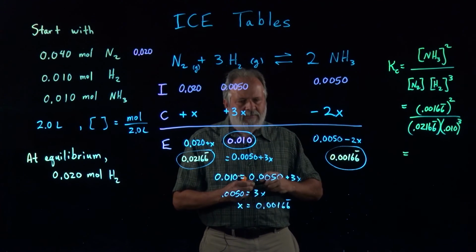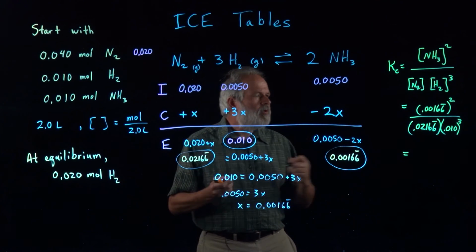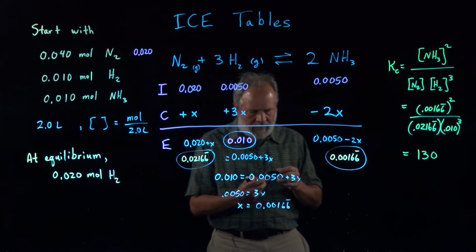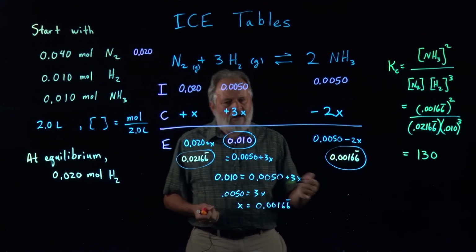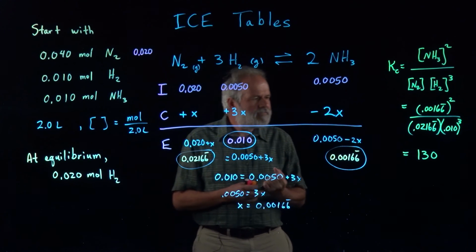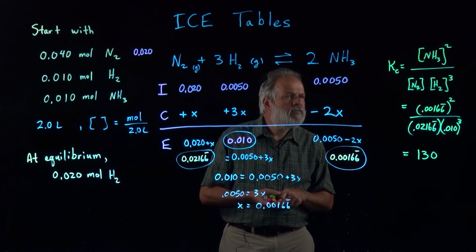And so the equilibrium constant is going to be 130. Okay? Now, so we round it off to two significant figures because that's really all the figures we have of significance in this problem.